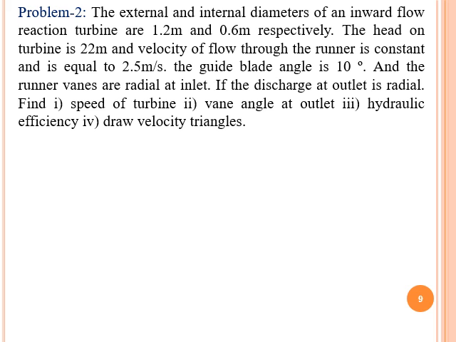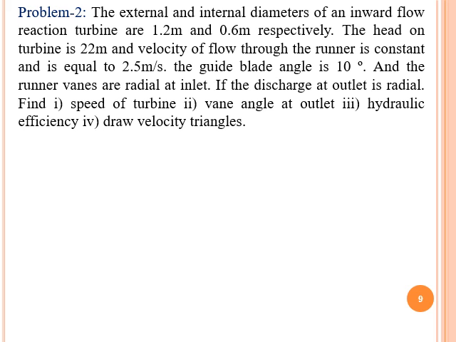To move on to the second numerical on this Francis turbine. The external and internal diameter of an inward flow reaction turbine are 1.2 meter and 0.6 meter respectively. The head on the turbine is 22 meter and velocity of flow through the runner is constant and is equal to 2.5 meter per second.